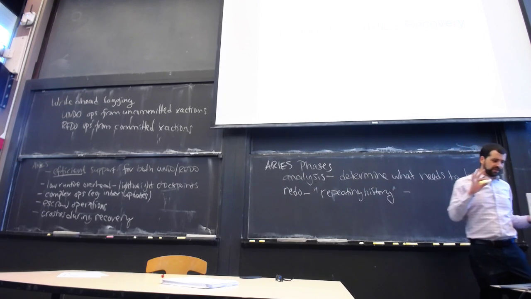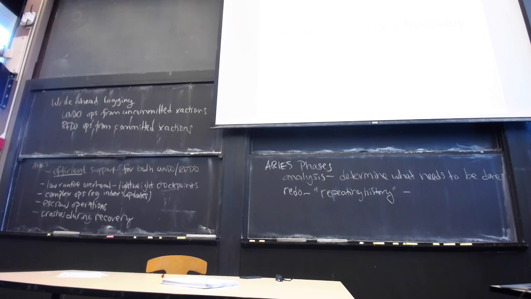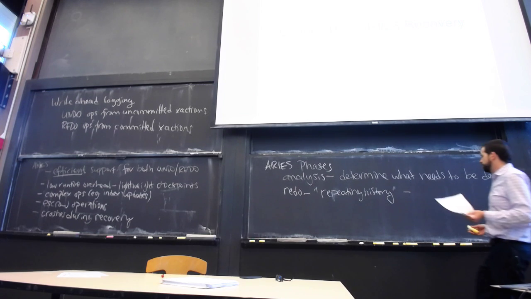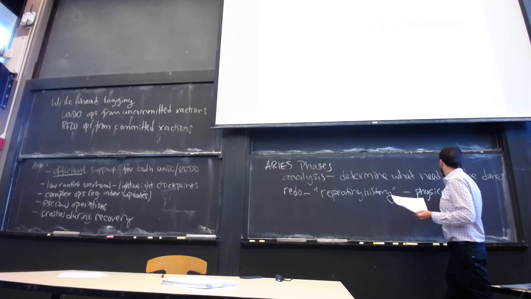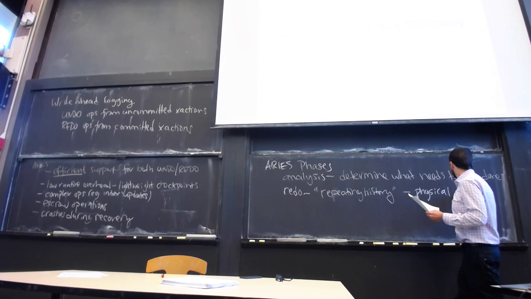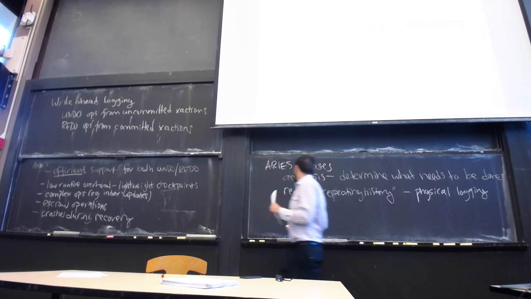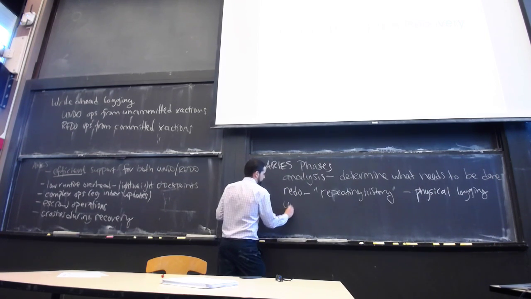Remember, we talked about last time that log records can be physical versus logical. They further prescribe that redo logging should be physical logging. We'll talk about why in just a second.